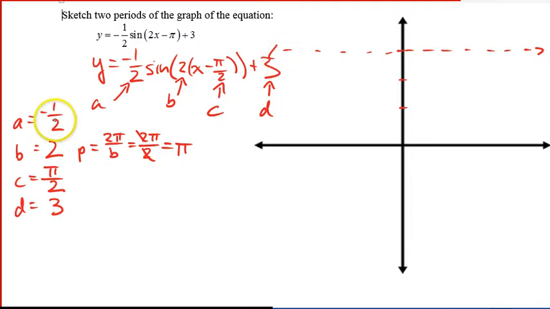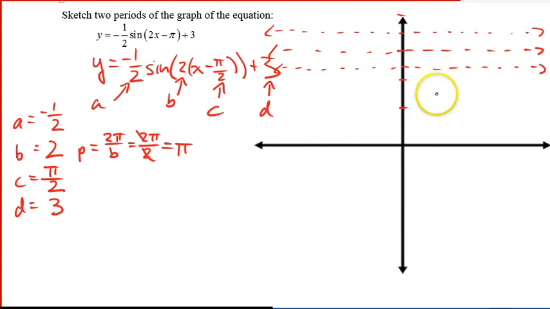Next, I look at my amplitude, A. I see that it's 1/2, so I know that at the minimum, this sine curve is going to go down half a unit from the midline. And at the maximum, we'll go up half a unit to 3.5. So now we have a nice midline with some lanes on either side.